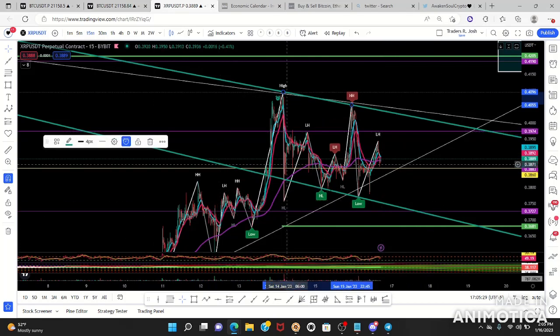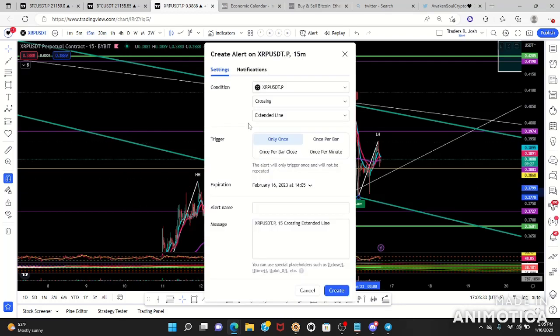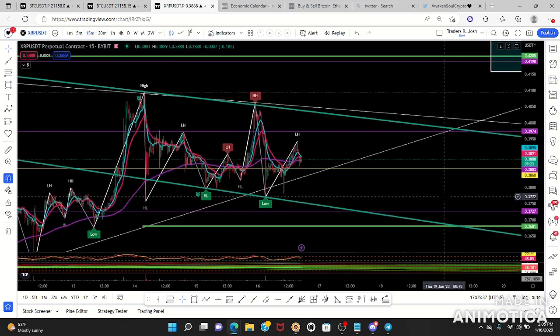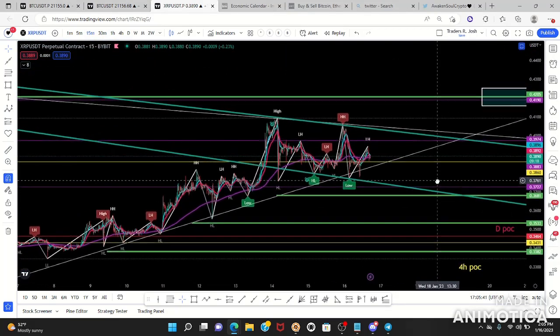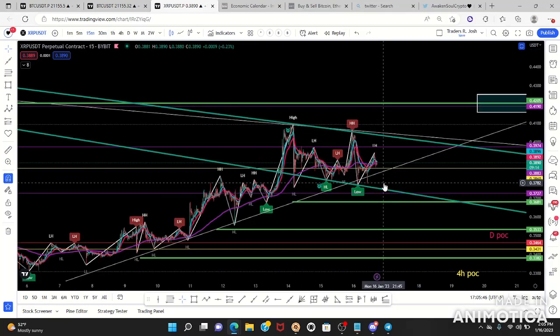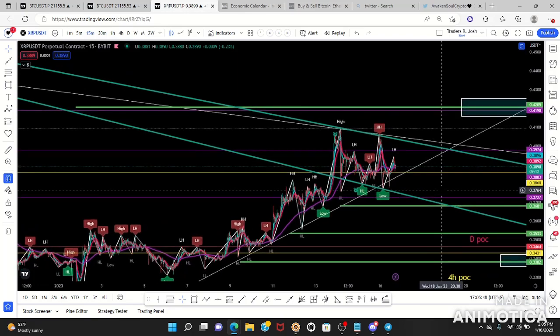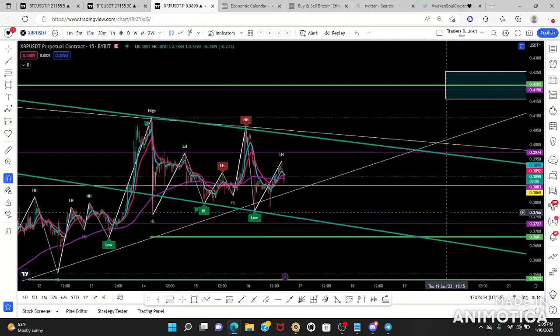And get ready to play the game, right? Okay, so just based on this, we could have upside movement. Interesting, interesting. Alarms are set.